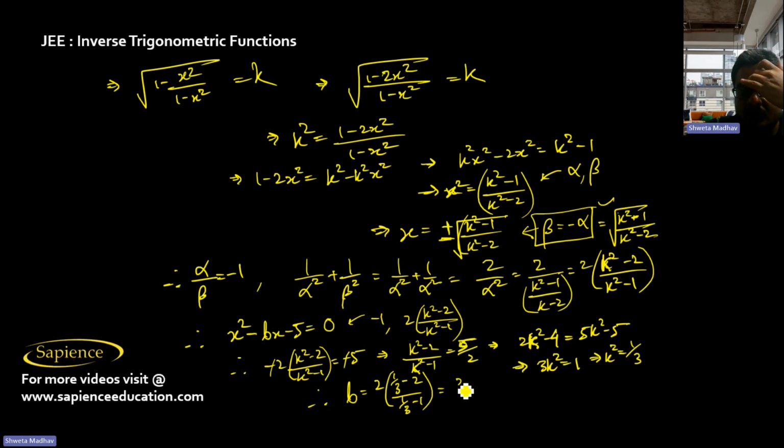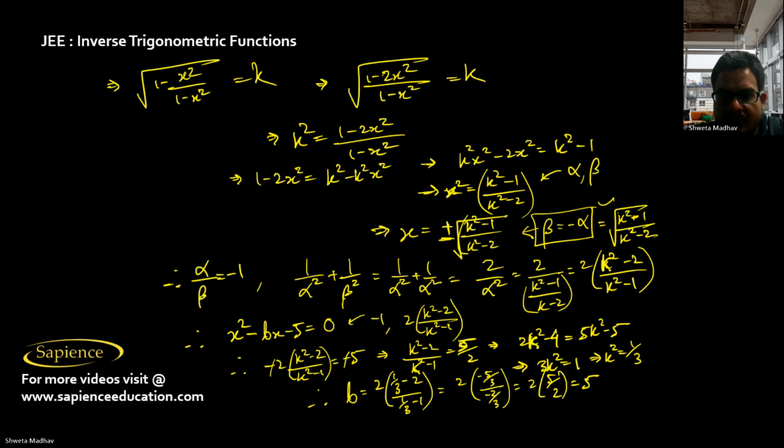So that will be 2 into 3 2 is 6, so minus 5 by 3 into 1 minus 3, so minus 2 by 3. So that is 2 into 5 by 2, that is equal to 5.